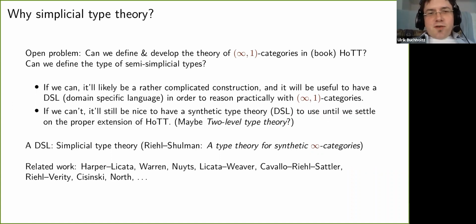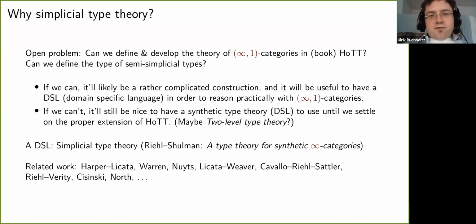And that's the problem of how to define the type of infinity one categories in HoTT and then develop the theory of them. One can reduce that a bit to the problem of defining the type of semi-simplicial types. And it's annoyingly difficult.